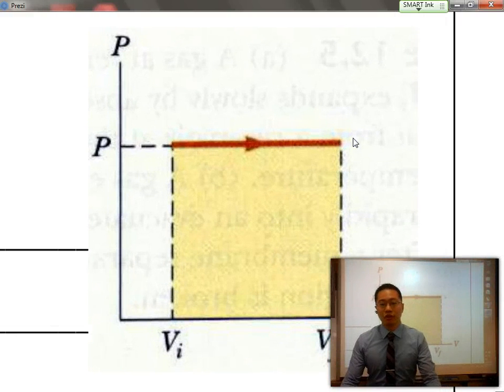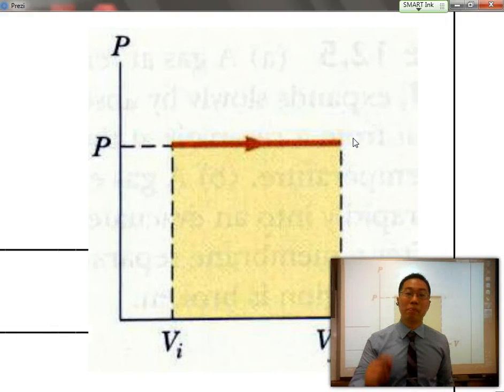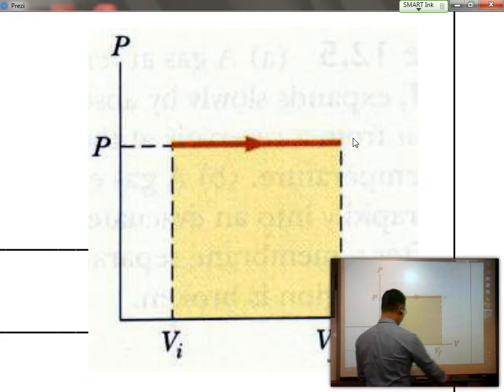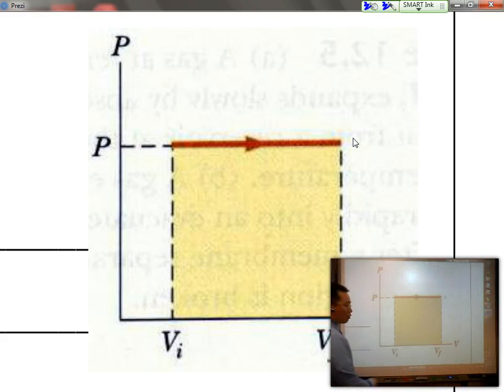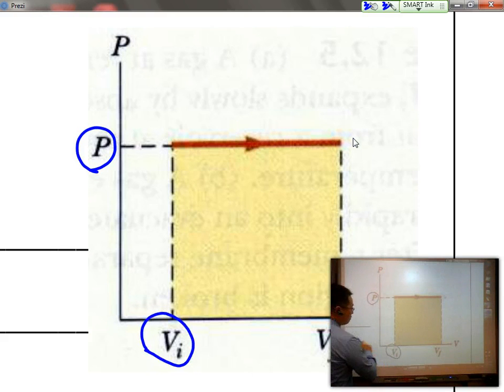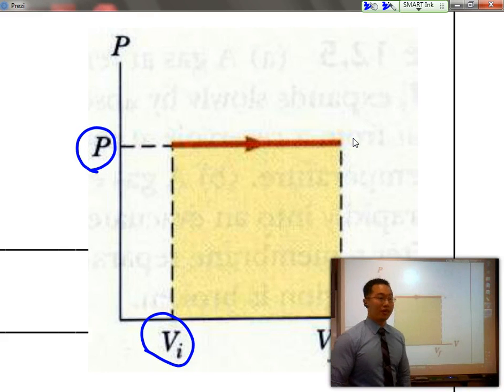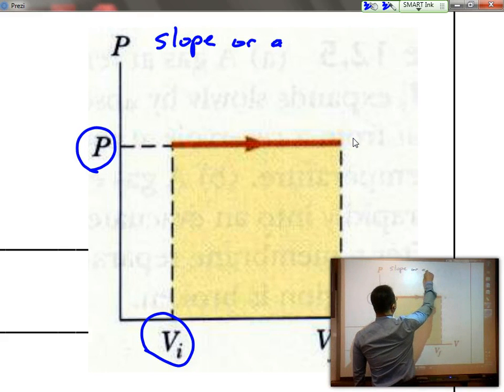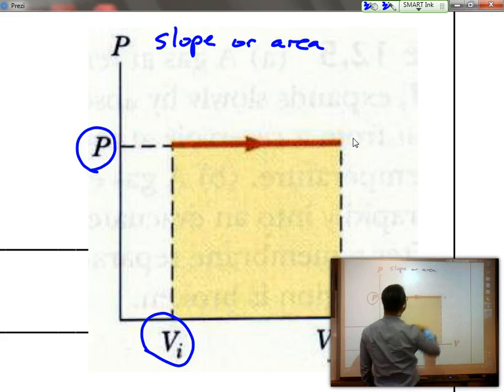Now, the thing is, though, the formula P delta V is much more commonly used when we're talking about graphs. The reason it's important is that on the y-axis we have pressure, on the x-axis we have volume, and whenever we look at a graph, we either look at the slope or the area.